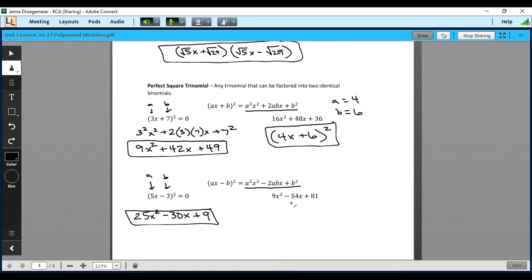We can go the opposite direction again. Same idea here. My a term is going to be the square root of 9, which is 3. My b term is going to be the square root of 81, which is 9.